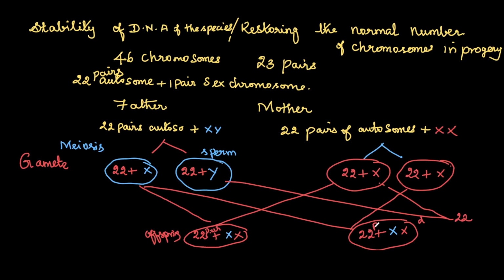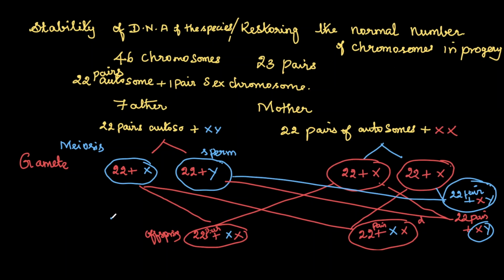So here also 22 pairs plus X and Y. So this is the way when there is a fusion of male gamete and female gamete, there will be restoring of chromosomes.